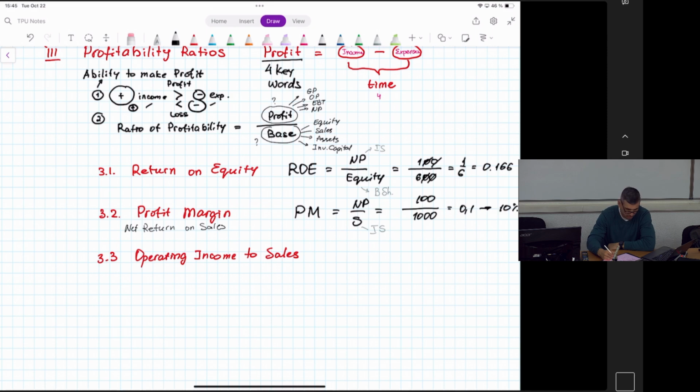Guess what will be the formula for operating income to sales? What should be divided by what? Any guesses? Net profit? Look, operating income to sales. Operating profit? Operating profit divided by sales. Yes. See, the ratio itself starts telling you.